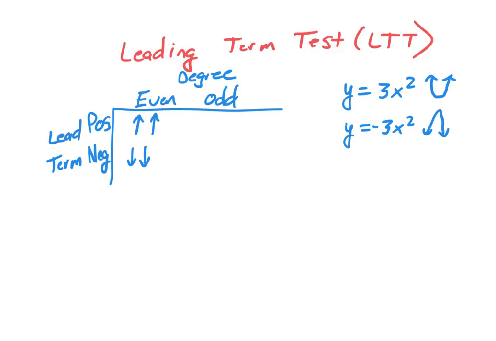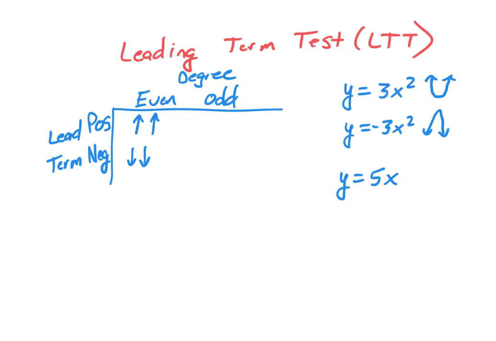Okay, if we have an odd function, let's just go with one that we're pretty familiar with. Let's say 5x. That's a linear function, right? My degree here is assumed to be 1. 1 is odd. If I graphed 5x, we know that it would be a line, but here's the deal. It has a positive slope, right? So as I draw my line, it's going to start down and it's going to end up.